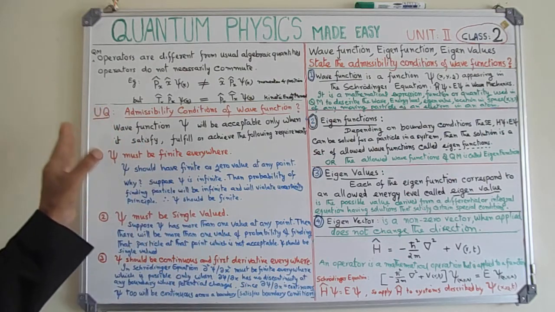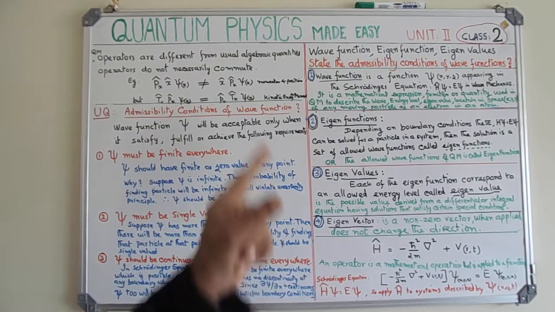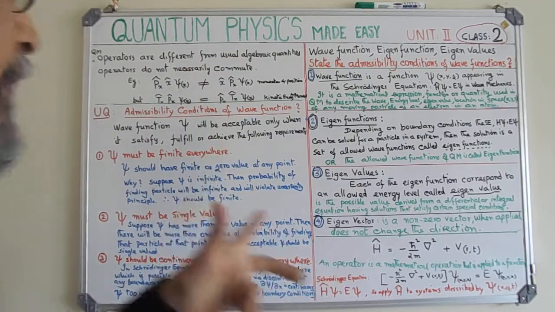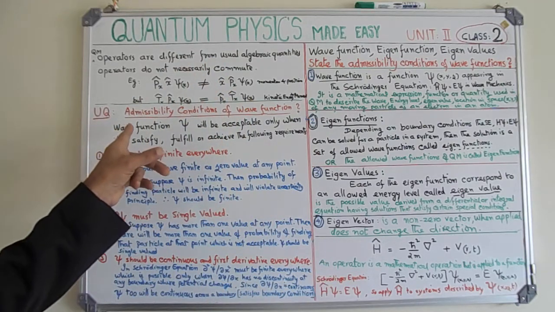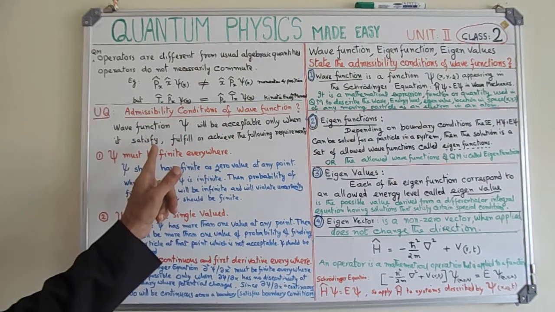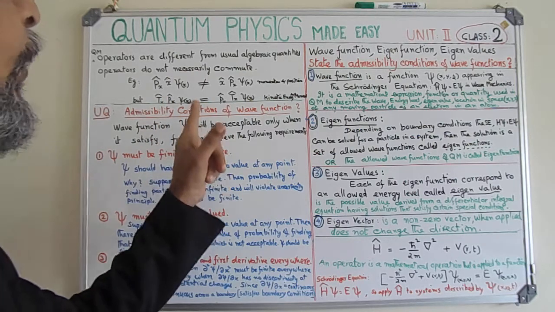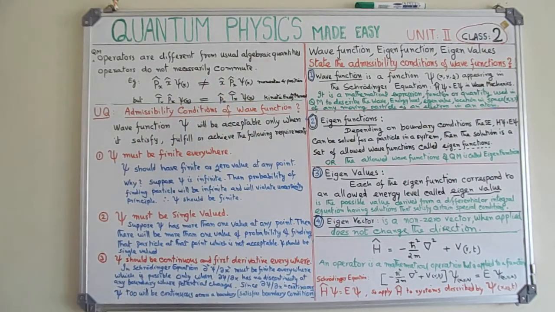Let us see the three very important conditions in which the wave function can be acceptable. So the wave function psi will be acceptable only when it fulfills the following requirements.